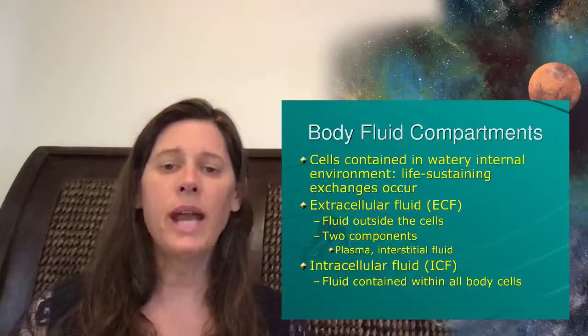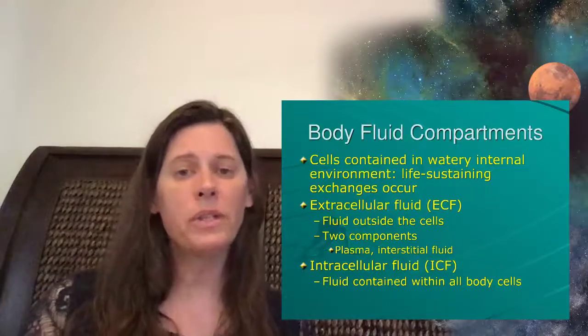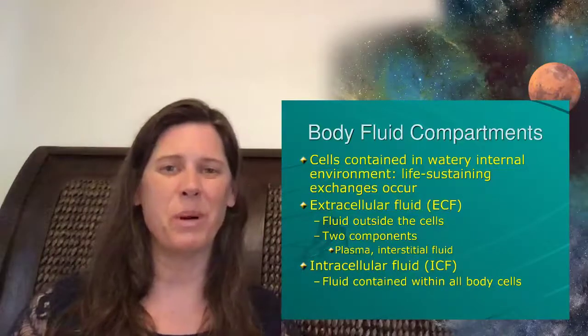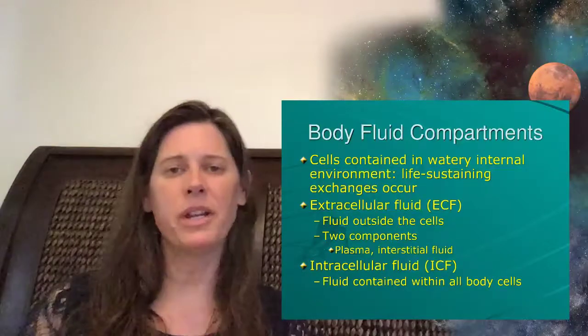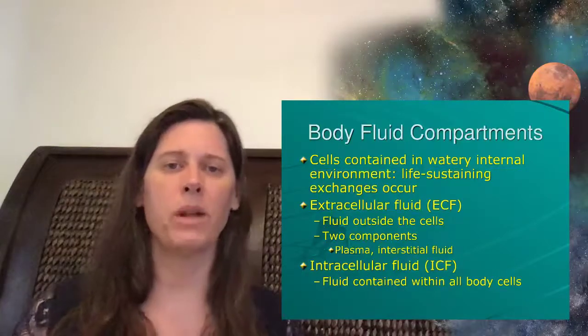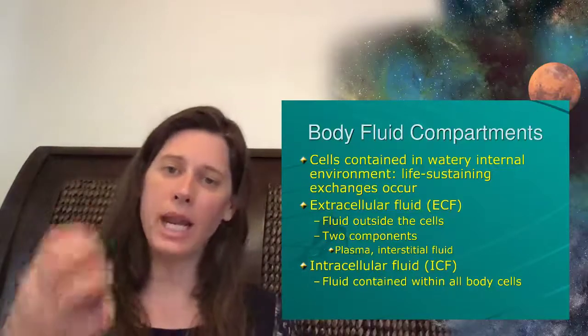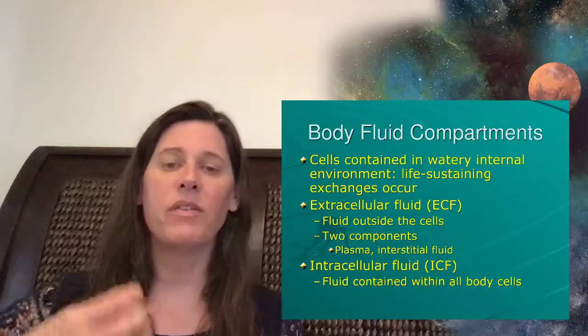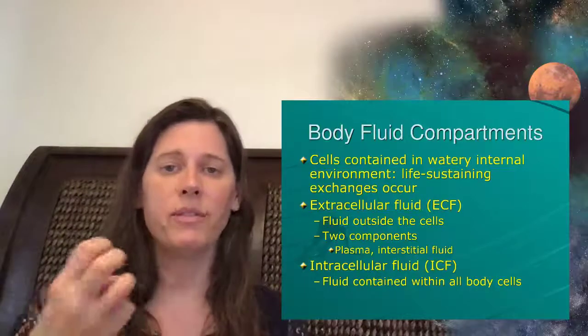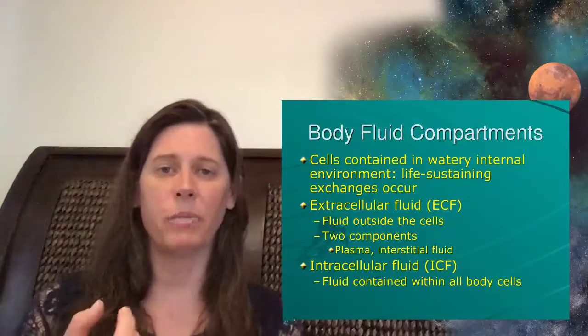Okay. Now, with the extracellular fluid, though, we actually contain two separate compartments. Okay, not every organism has this, but we do. Some of the complex organisms have what we call a closed circulatory system. Okay, so we contain our blood inside of our blood vessels. And the fluid portion of our blood is the plasma, right?